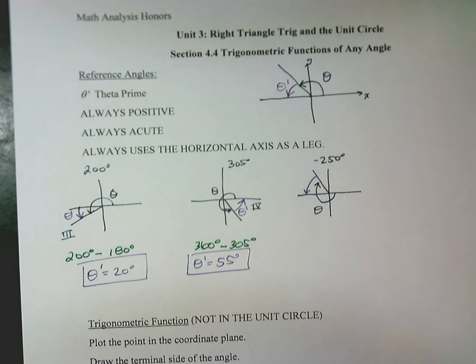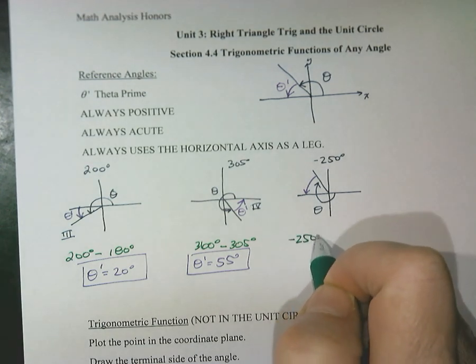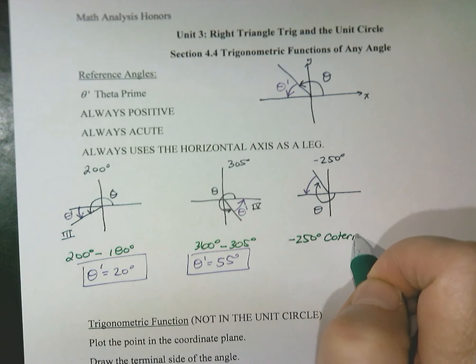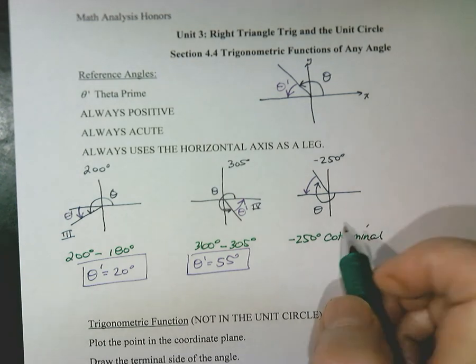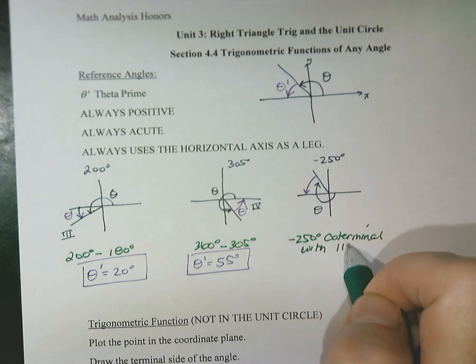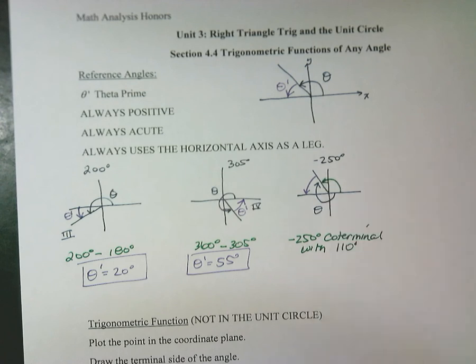I can't add 360. I guess I could use 180, but I have to be careful if I do it that way. The way I usually try to explain it is negative 250 degrees is coterminal with 110 degrees. So this angle would be 110 degrees.